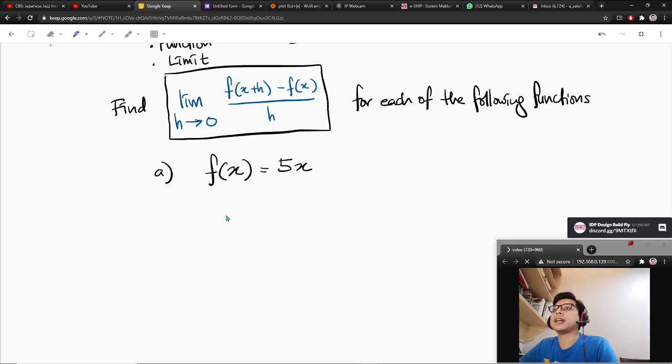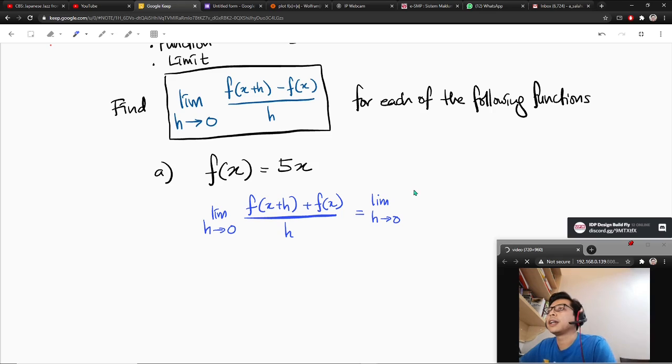So given my problem, I need to find the limit of f(x + h) minus f(x) over h. My function in this case is 5x, so I need to write it down again. Don't forget the limit here.